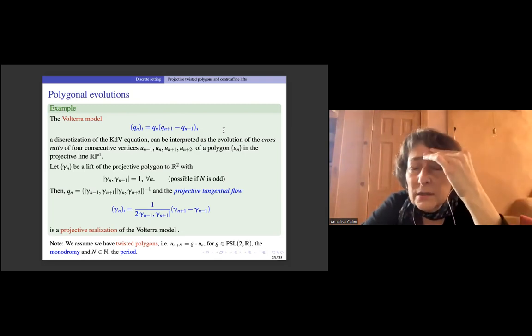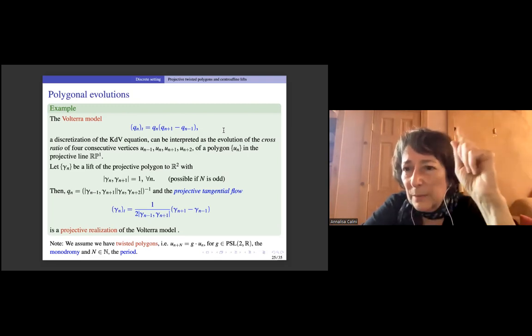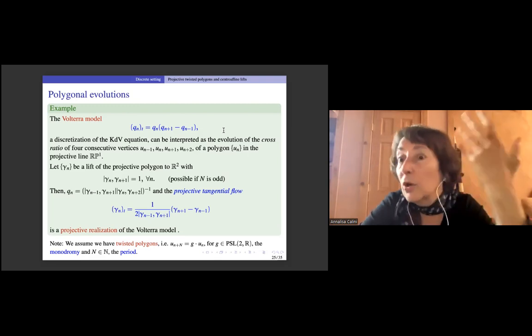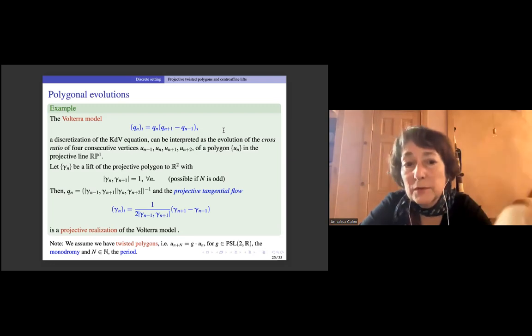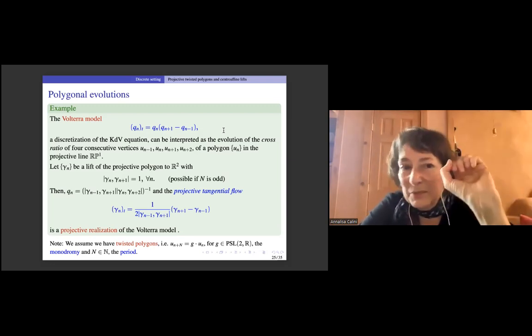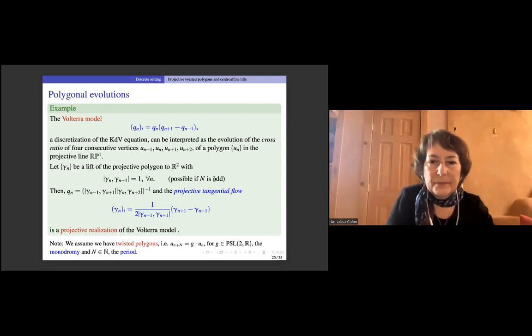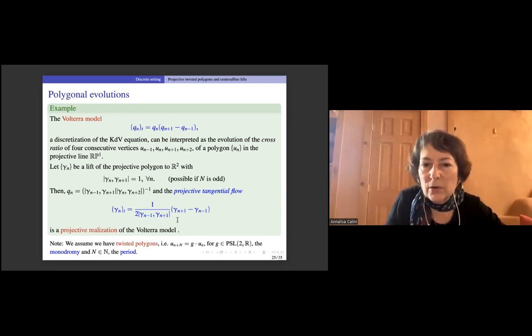If n is odd, you can always have this kind of lift from a projective polygon up to a curve in R2 that evolves, that in the moment has no evolution. But if you look at this simple flow, this is simple up to this coefficient here.